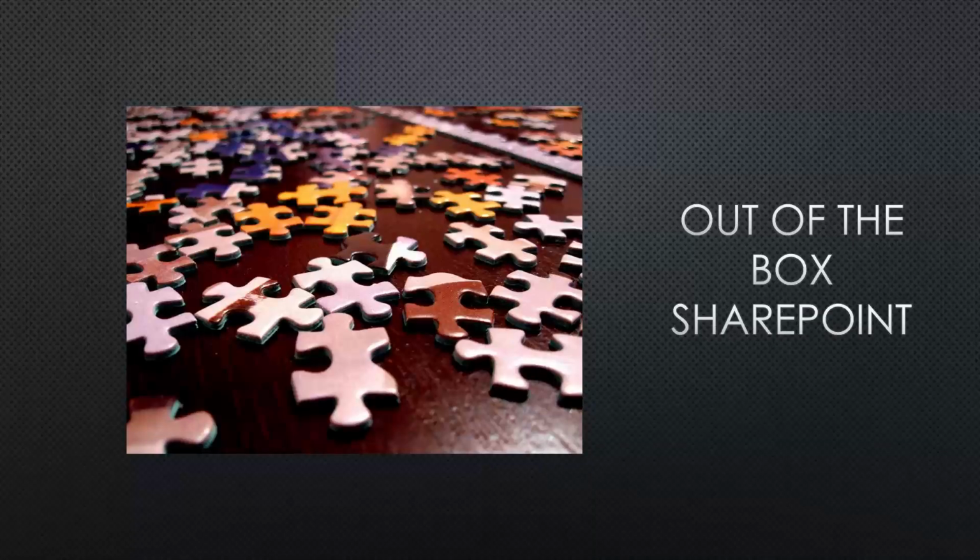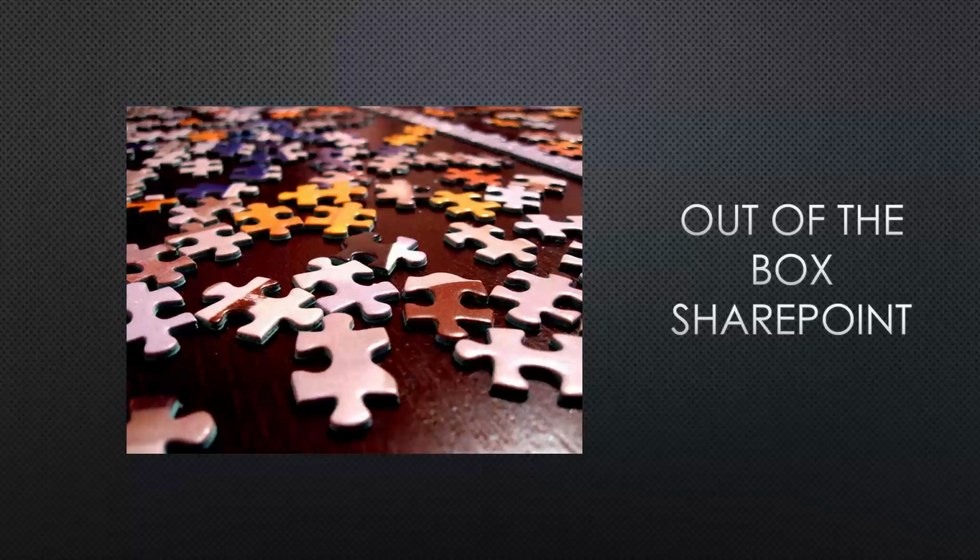Out of the box, SharePoint has some limitations, and that can be a little bit frustrating. It's a great platform, but especially when it comes to things like smart form building, we don't have the tools directly there in SharePoint. There are some external things that we can tap into, typically developer oriented, or it's too limited.